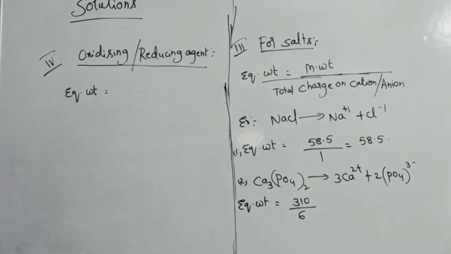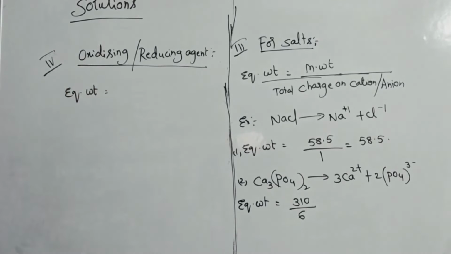Just check this. It's a complete neutralization. In the given question, M1 is 0.1, V1 you have to find, and M2 is given as 0.5, V2 is 1 liter.